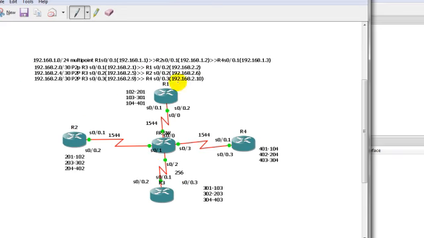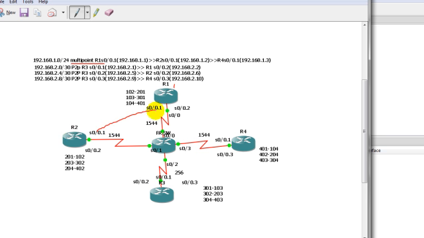So look at this, I have router 1, router 2, router 3 and router 4. I want to use multi-point between router 1, router 2 and router 4.